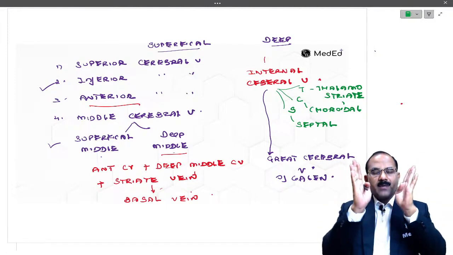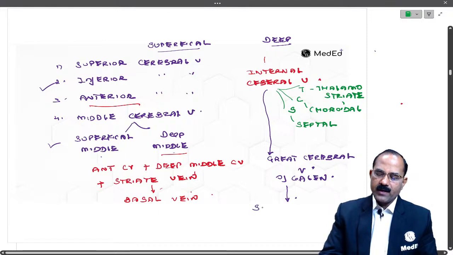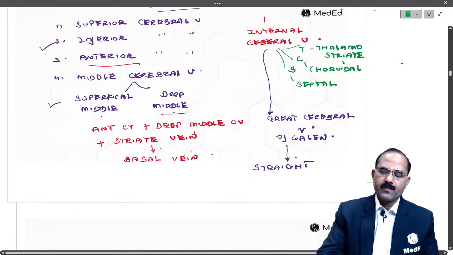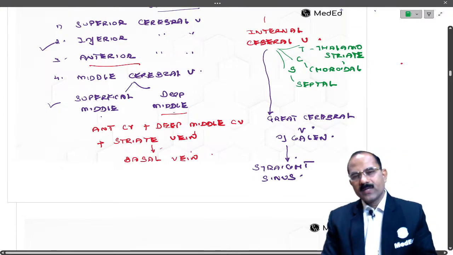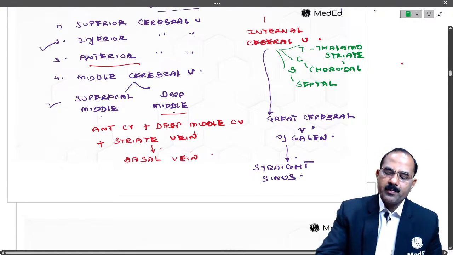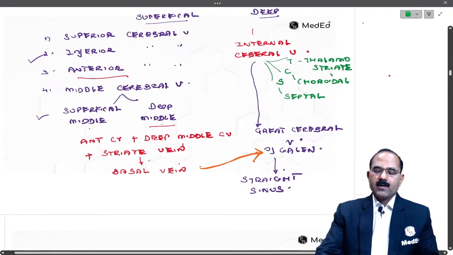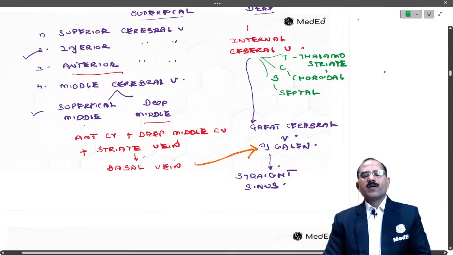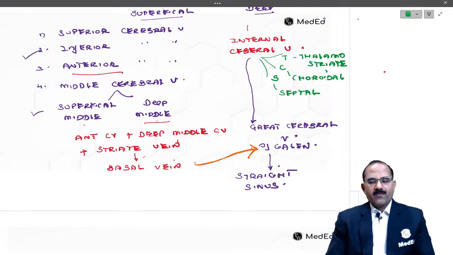Two internal cerebral veins join to form the great cerebral vein of Galen, and this great cerebral vein of Galen drains into the straight sinus. The basal vein drains into the great cerebral vein of Galen. Great. You are all answering very well.